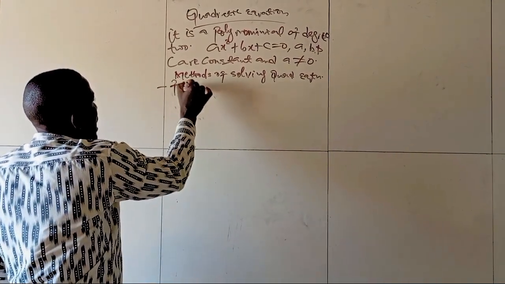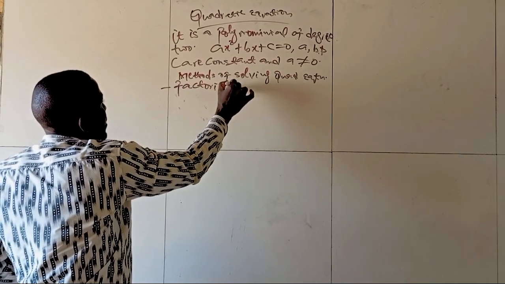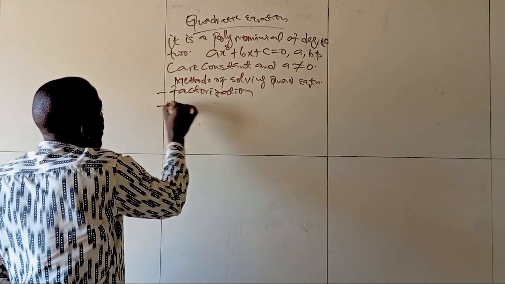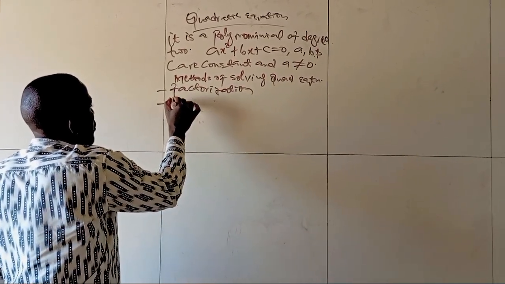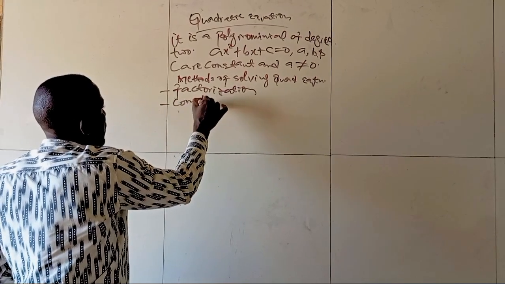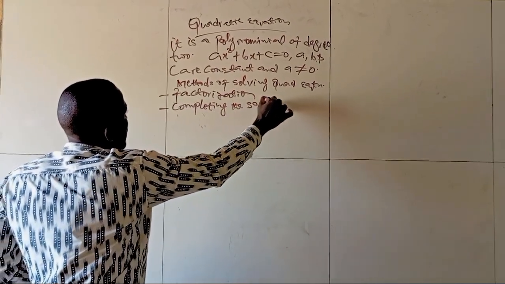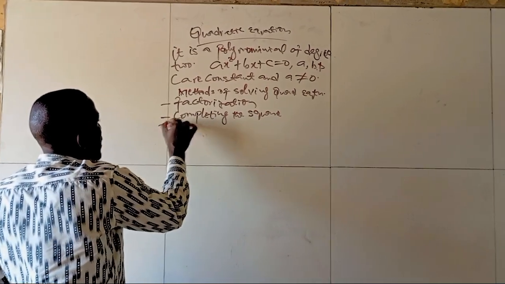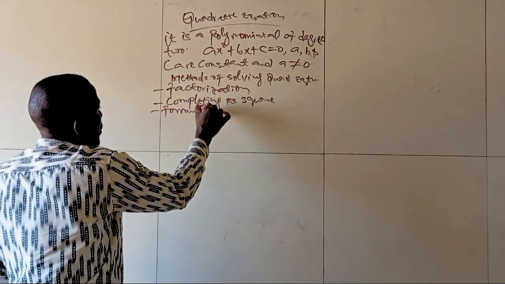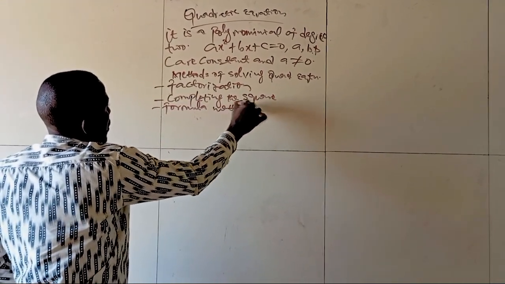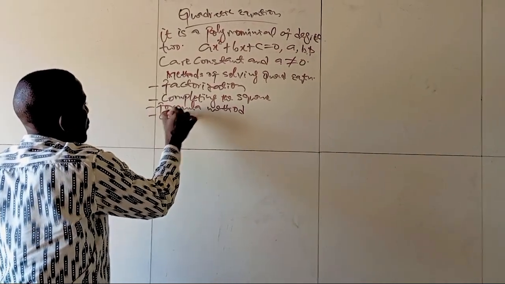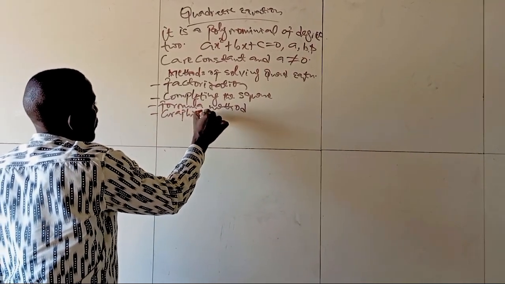The first one we are familiar with is what we call factorization. After factorization, we have the completing the square method. We have the formula method, and then we have the graphical method.